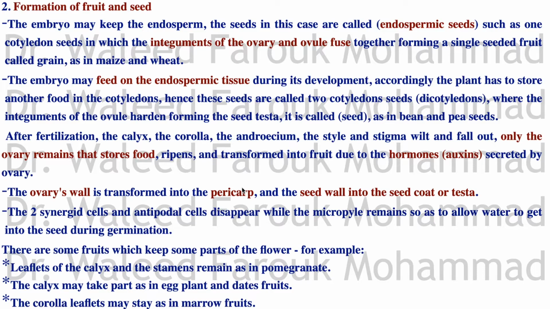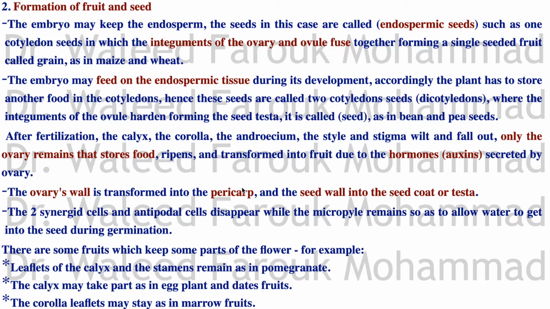After fertilization, the calyx, the corolla, the androecium, and the style and the stigma wilt and fall out. Only the ovary remains that stores food. It ripens and is transformed into a fruit due to the hormones auxins secreted by the ovary.